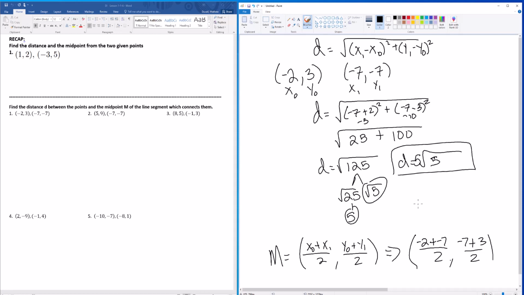Simplifying that, -2 and -7 gives you -9, so -9 over 2. -7 plus 3 is -4, -4 over 2 is going to be -2. So that right there is the midpoint.